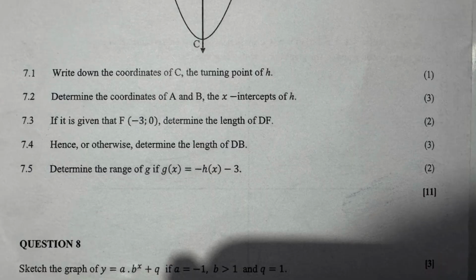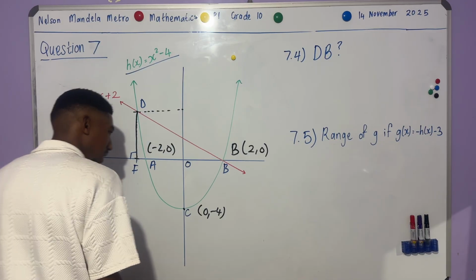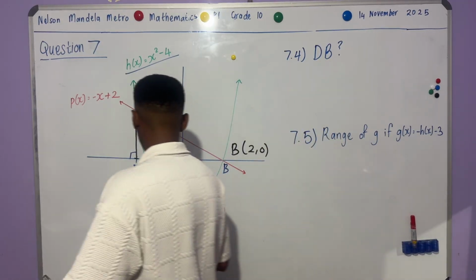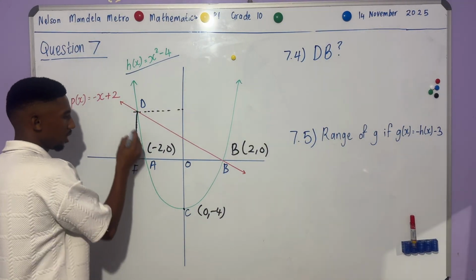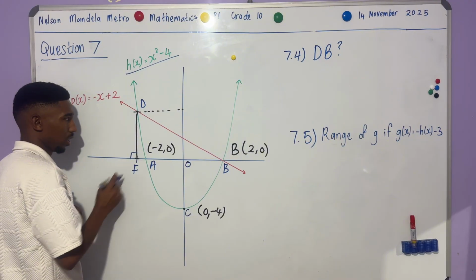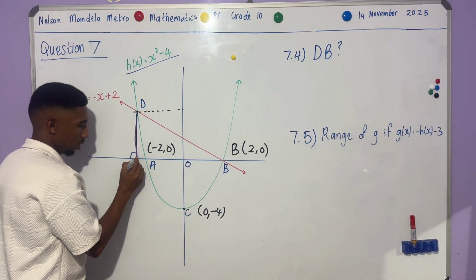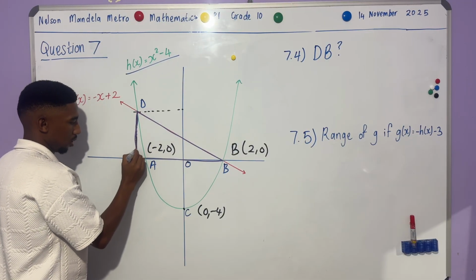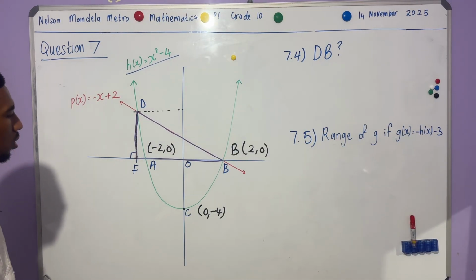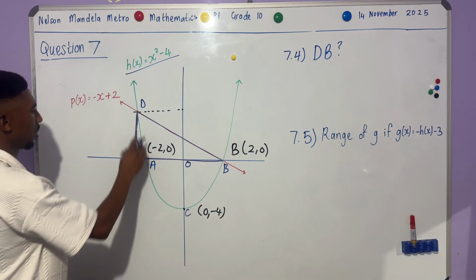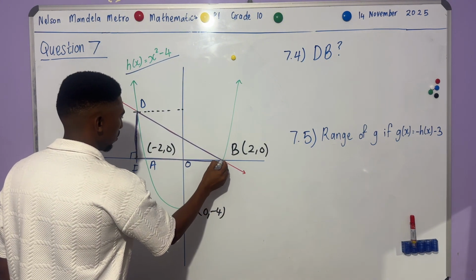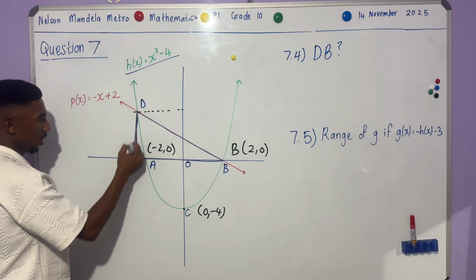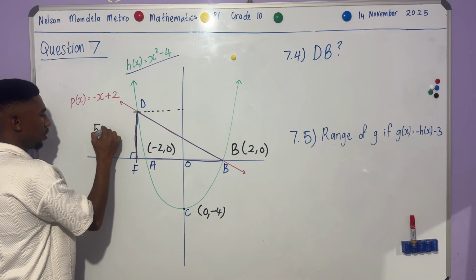Let's have a look at 7.4. It says, hence or otherwise determine the length of DB. Now, it's important when we look at DB over here, we can see that there is a little bit of a triangle going on between DF, FB, and DB. Now that's what I can spot over there. So there's only one way for me to get the length of this DB. I already have the length of DF, which was 5 units.